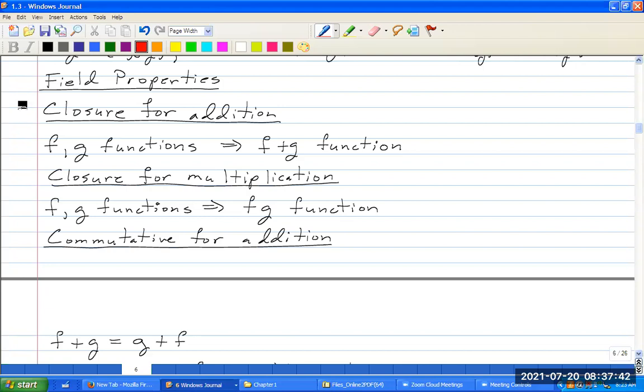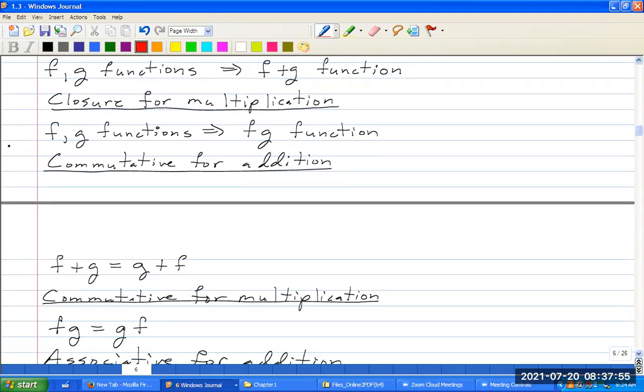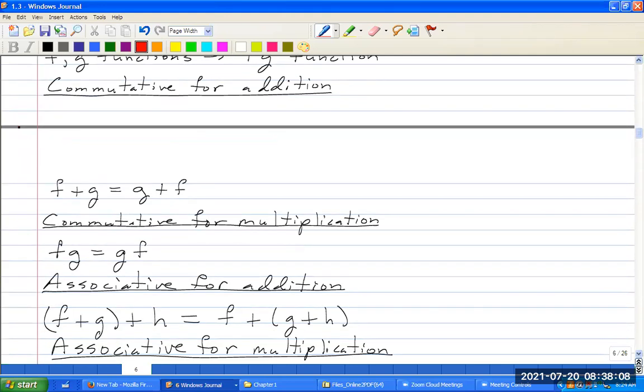First, the closure property for addition. If f and g are functions, then f plus g is also a function. Next, the closure property for multiplication. If f and g are functions, then f times g is also a function. The commutative property for addition.